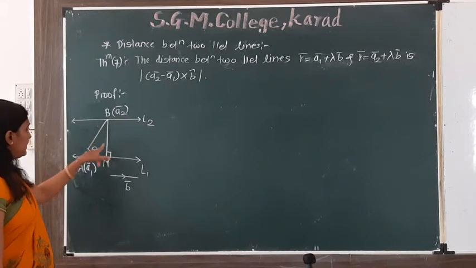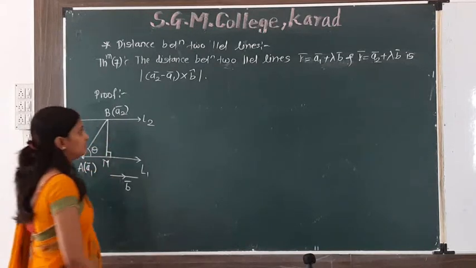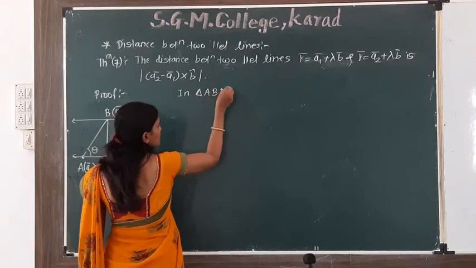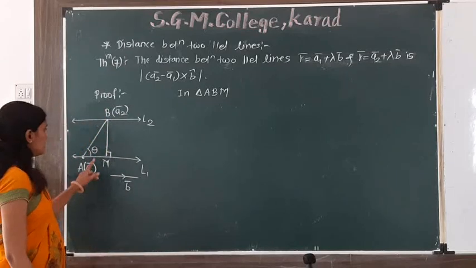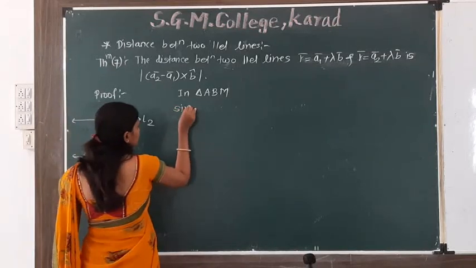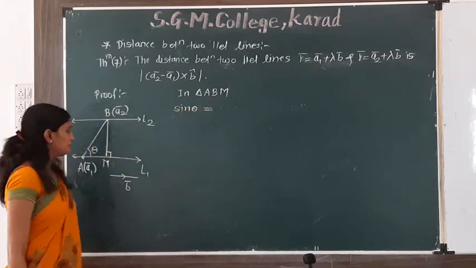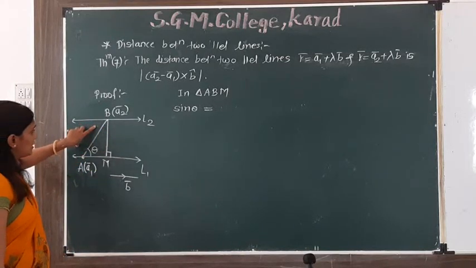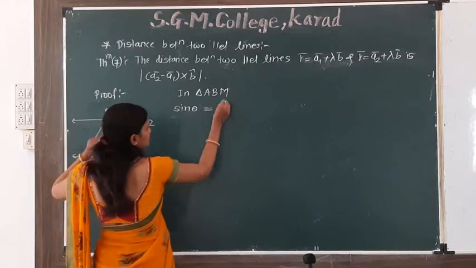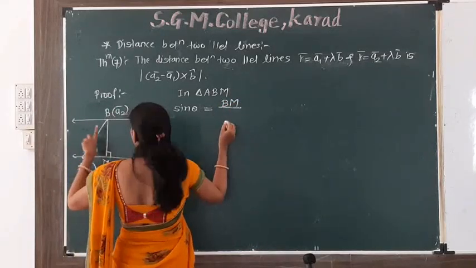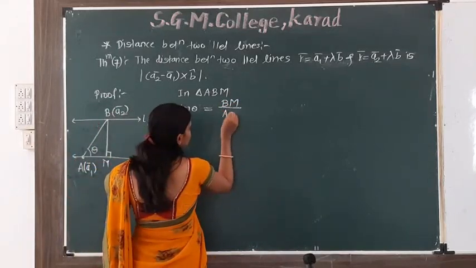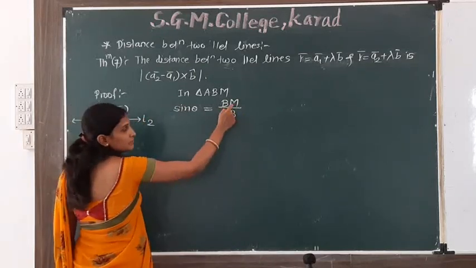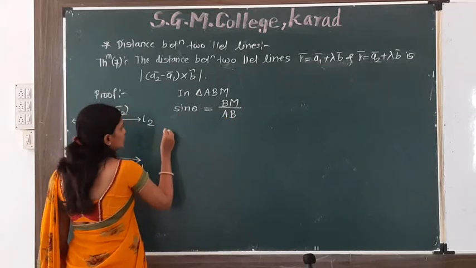Now in triangle ABM, sin theta is equal to opposite side divided by hypotenuse. So sin theta is BM divided by AB. We have to find the value of BM. So we take AB here.